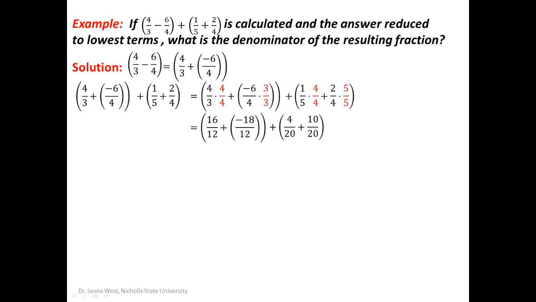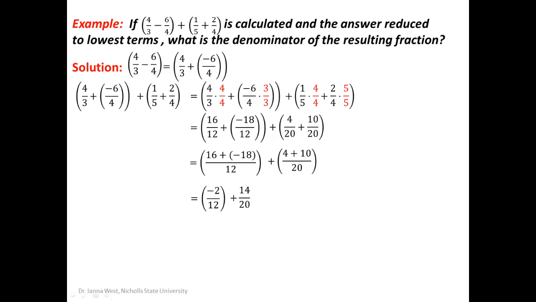Now, adding the numerators in each set of parentheses and carrying the common denominators gives us negative 2 over 12 plus 14 over 20. In order to add these two fractions, we must find a common denominator. Notice that the smallest number that both 12 and 20 will go into evenly, or the LCM, is 60.